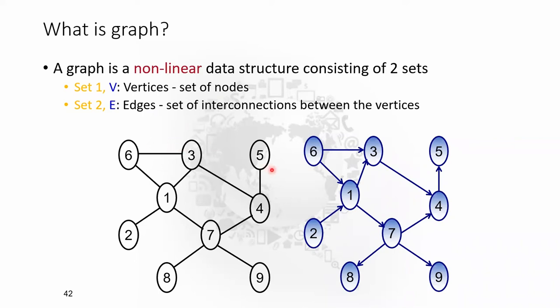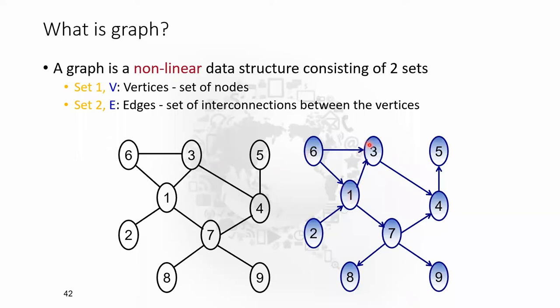We can see two types of graphs shown over here. One is with arrows and the other is without arrows. Let's say the 6 over here: it can only go from 6 to 3, and it can also go from 6 to 1.